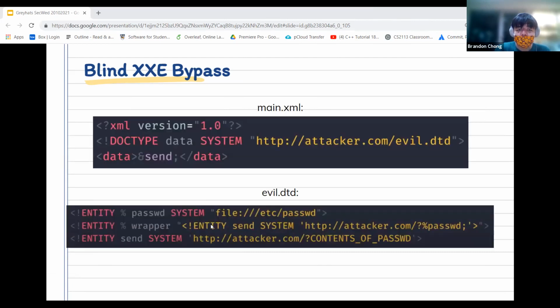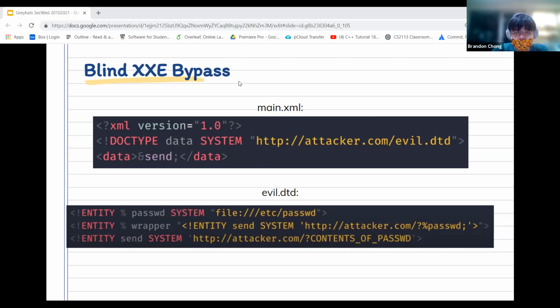So what this means is that I can make a request to an external DTD file, and then the external DTD file will contain all my malicious entity references.